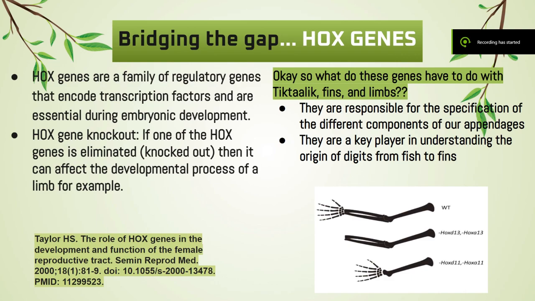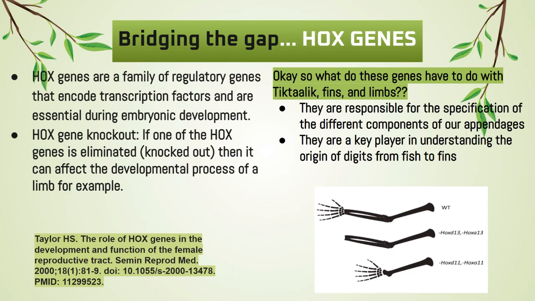To continue bridging the gap, we have the Hox genes. Hox genes are a family of regulatory genes that encode transcription factors that are essential during embryonic development. Hox gene knockout: if one of the Hox genes is eliminated, hence knocked out, then it can affect the developmental process of a limb.